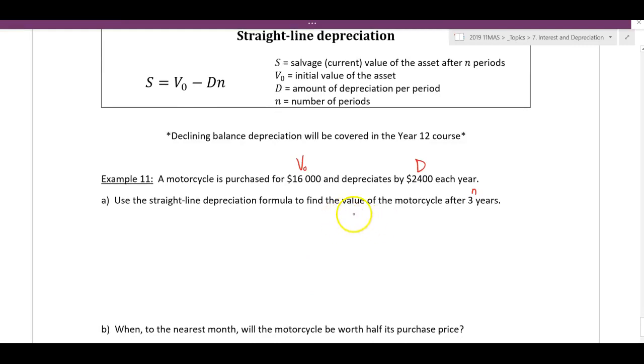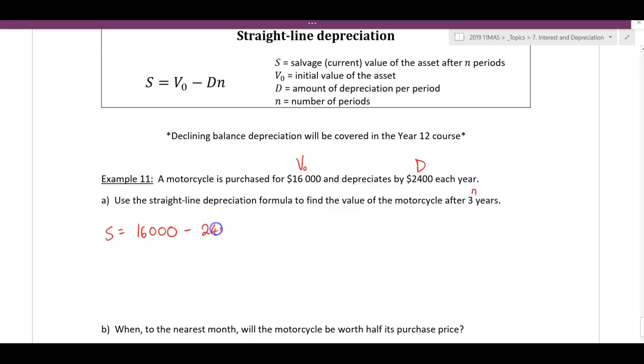I want to find the value of the motorcycle. That's my salvage value. So S, my salvage value, is equal to 16,000 minus, now it says it goes down by 2,400 each year. So after 1 year, it would be 16,000 minus 2,400. 2 years, you subtract 2,400 twice, and so on. So it's not too difficult to see where this formula comes from.